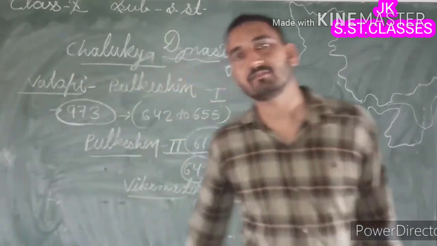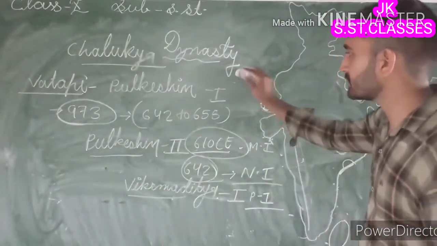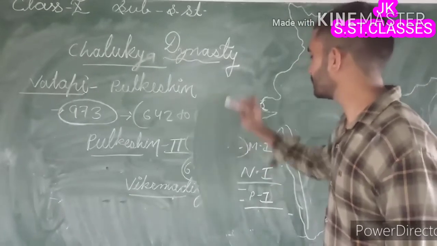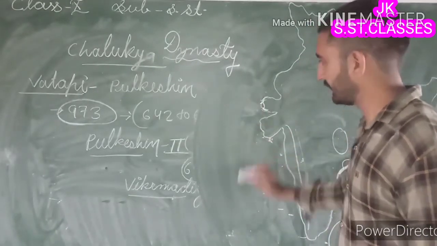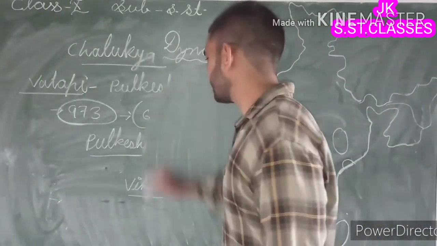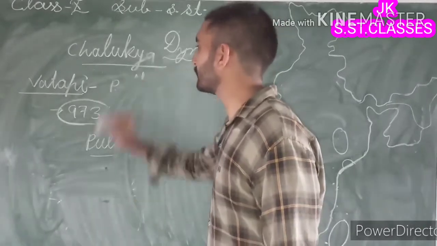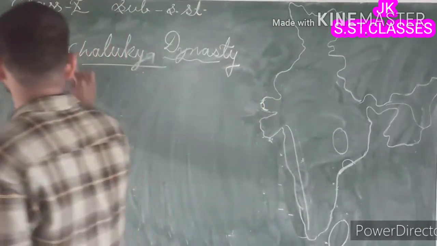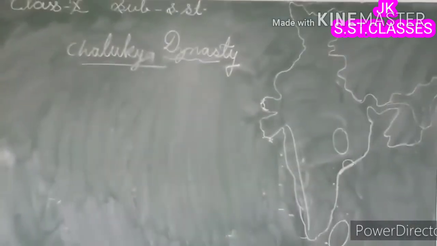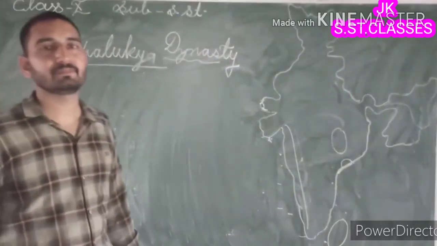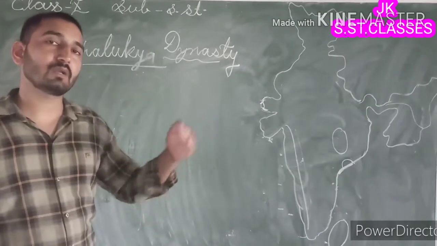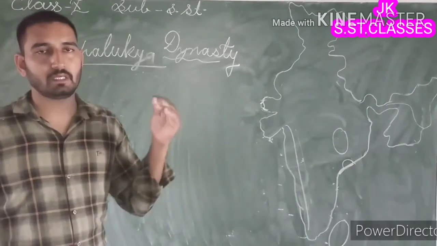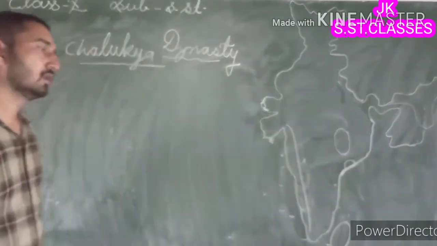Now, the next phase of this Chalukya dynasty is related with Chalukyas of Kalyani. Guys, according to your RBSE book, Vikramaditya II was the founder of the Chalukya dynasty of Kalyani, but it is not correct.